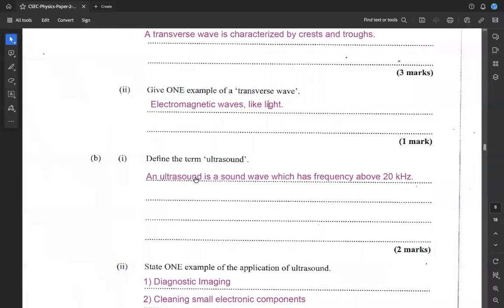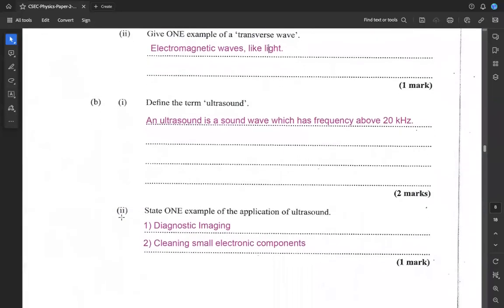All right, so moving right along. The next part 2 of section B is asking us to state one example of the application of ultrasound. So one example of the application of ultrasound is in diagnostic imaging, right? You know, we use that in prenatal scanning to look at a baby, you know, a baby that's growing.